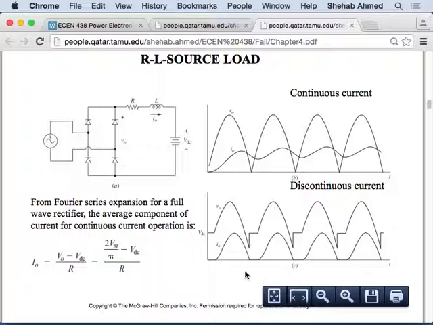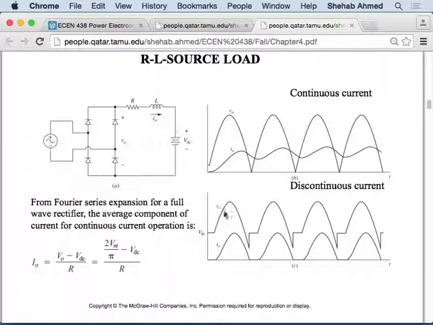Or if I increase the inductance, it's a similar sort of effect. Current will be maintained. You're helping current to continue to flow, right? So let's look at this discontinuous case, because we went through the waveforms for that. If I continue to increase inductance here, this point will move to the right, to the right, until what point?